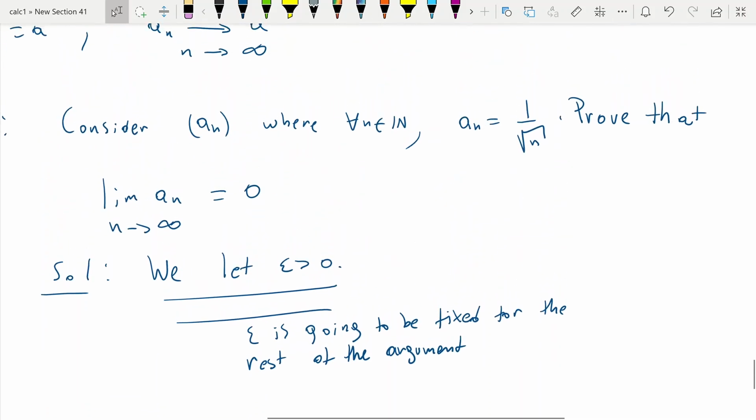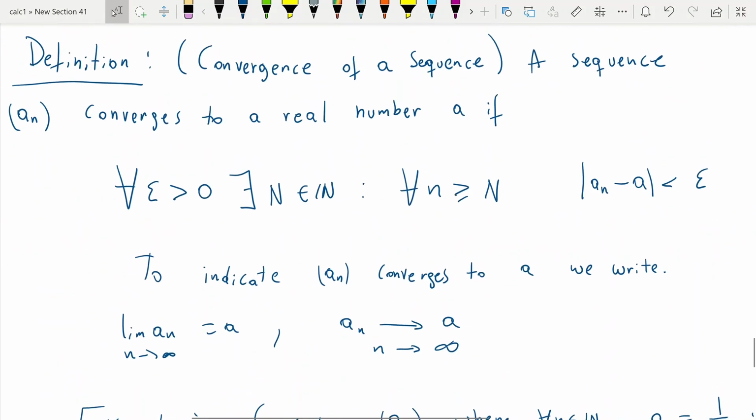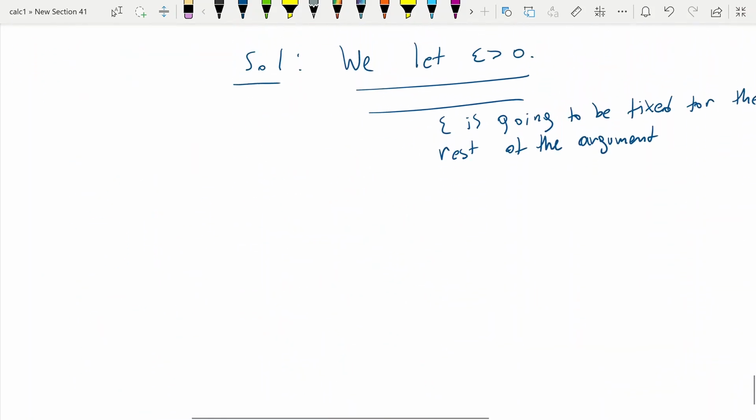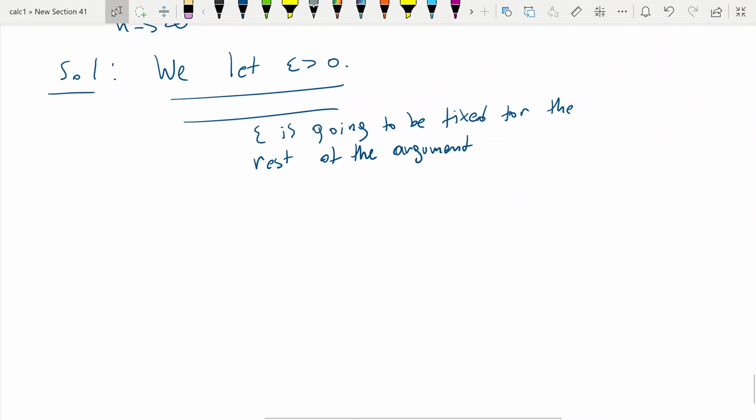You need to show this thing, that for every epsilon, you just pick one arbitrary epsilon, and now you need to find an N in N such that the rest holds. So start by picking an epsilon.